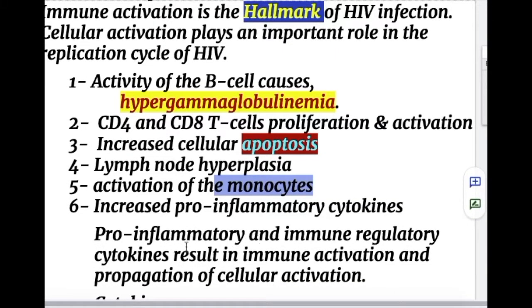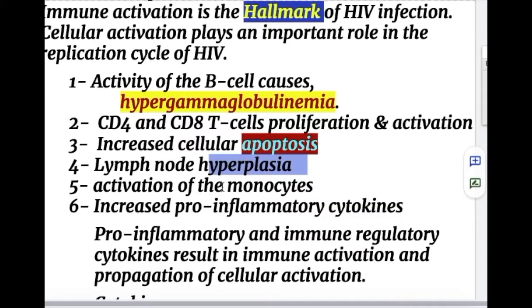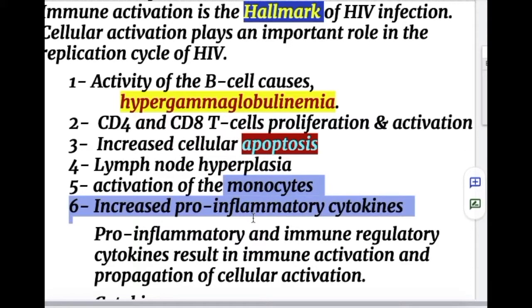Pro-inflammatory and immune regulatory cytokines result in immune activation and propagation of the cellular activation. So in immune activation, there is increased B cell activity, hypergammaglobulinemia, CD4 and CD8 cell proliferation, activation and apoptosis, lymph node hyperplasia, and activation of monocytes and inflammatory cells leading to cytokine production resulting in activation.